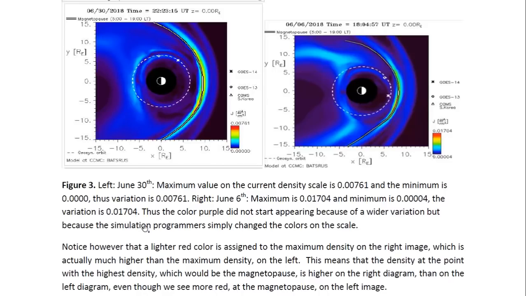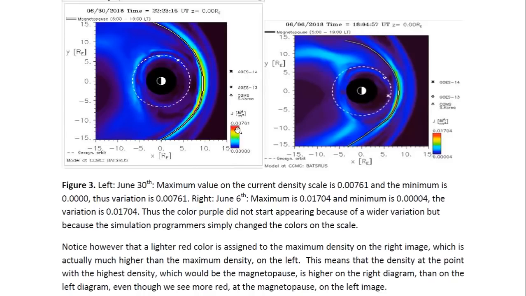The variation over here would be 0.00761. It's the total value because that's a 0, whilst here it's 0.017. We have a much wider variation here, and yet if you look carefully, actually there are darker colors assigned to the extremes.